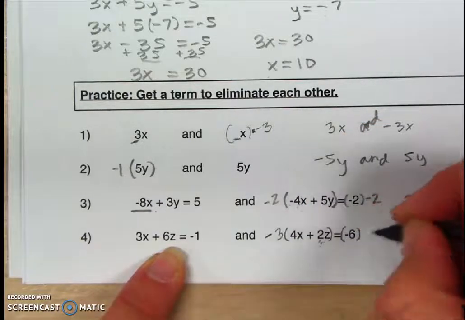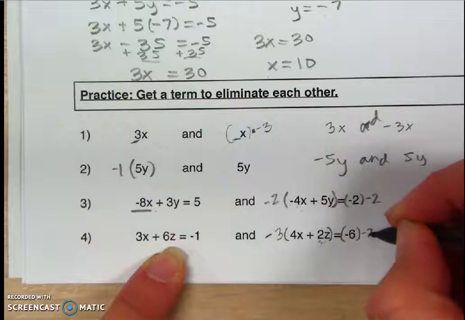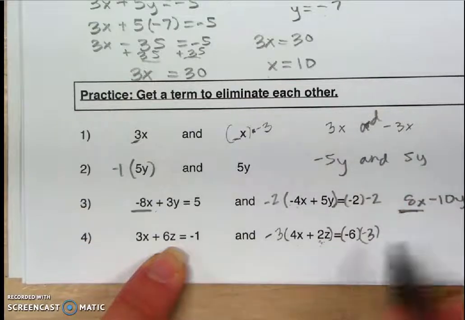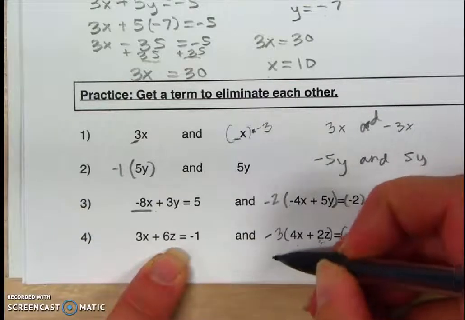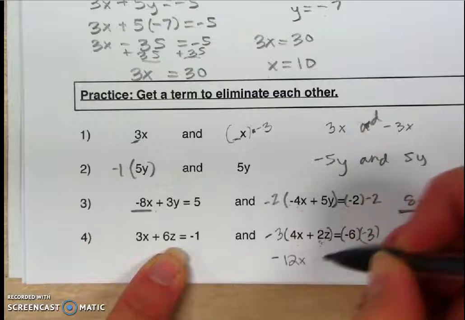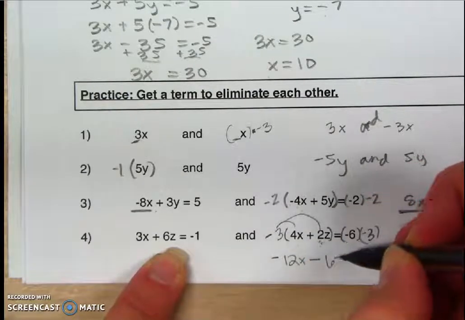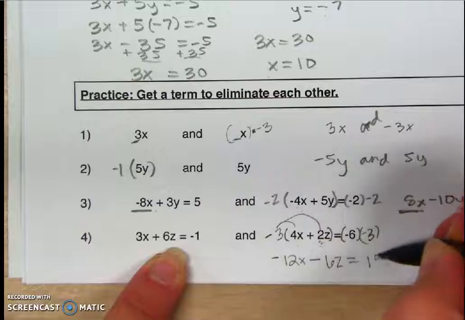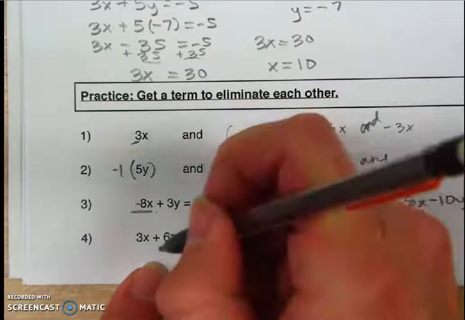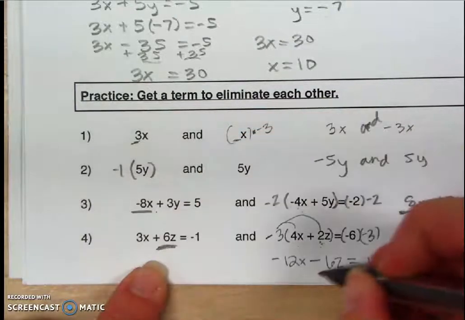And then whatever I do to one side, I have to do to the other. So I'll multiply both sides by negative 3 there, which would turn this one into negative 12x minus 6z would equal positive 18. And now I see that I've got opposites here for the z's.